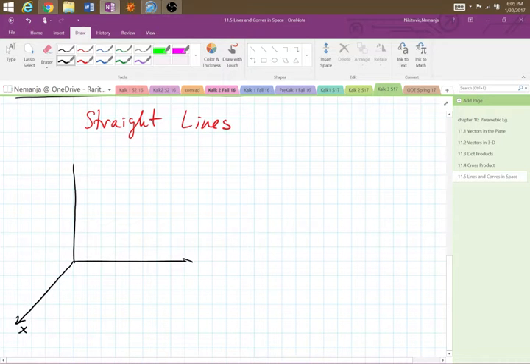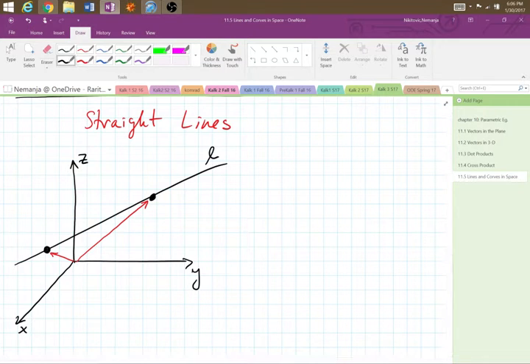We have our good old x, y, z 3D coordinate system. We are going to have a line L. We're going to pick 2 points on that line and stretch these 2 vectors that go to those points.